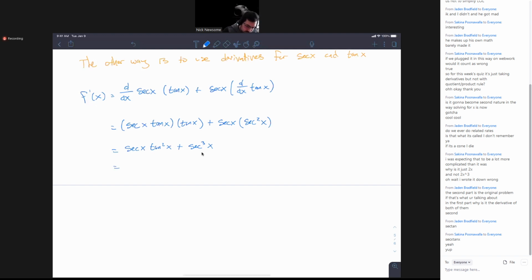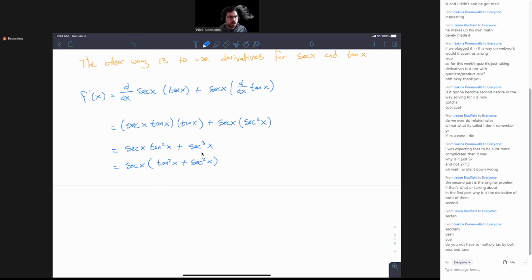And I can factor out secant from everybody, and I get tangent squared plus secant squared left inside. And now I have to plug in pi over 4. This is just a product, right? It's just 1, 2, 3 product things. It's not a sum. I don't have to distribute.